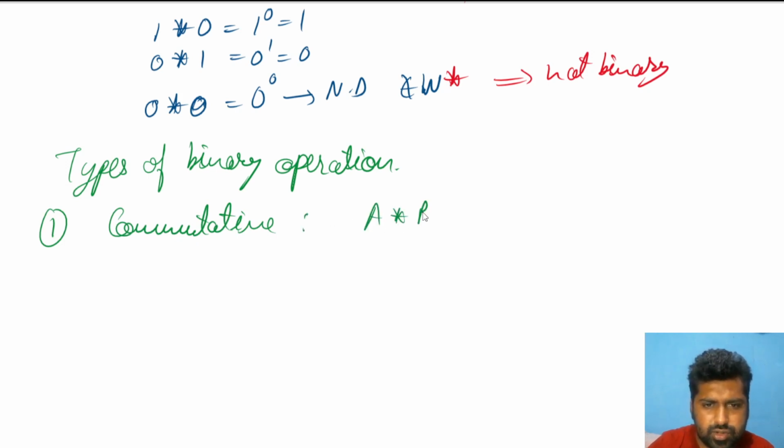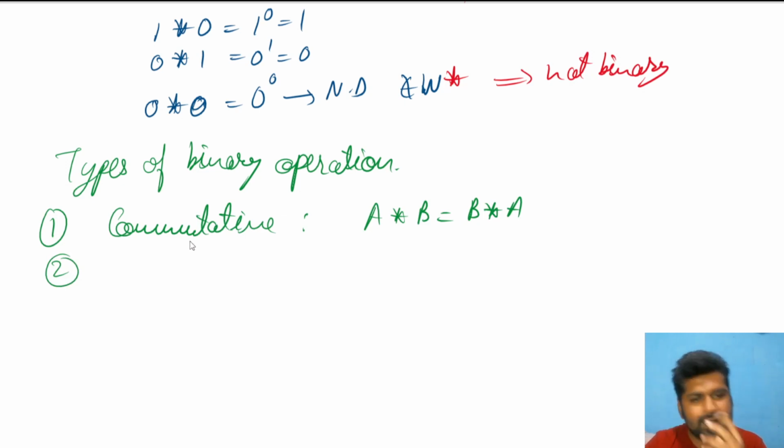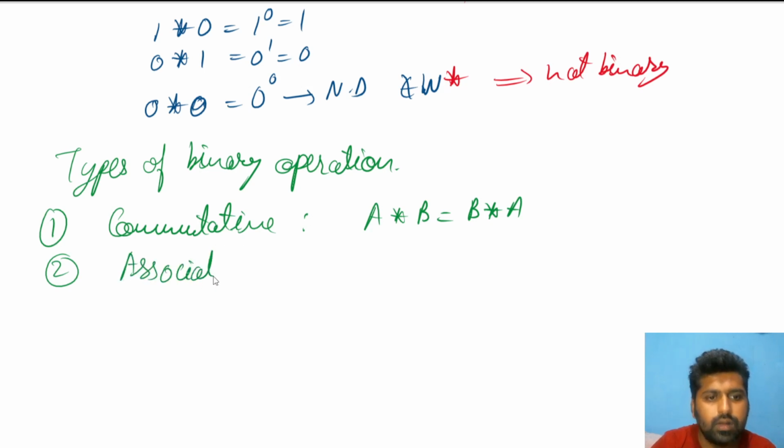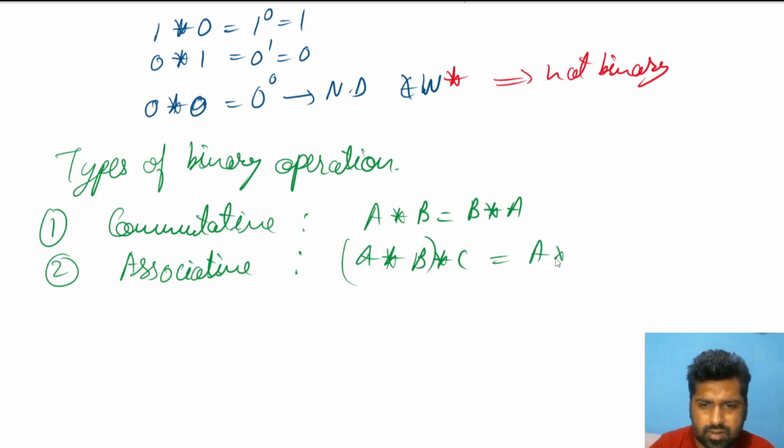A star B should be B star A. It means if you change the order, the result should be the same. That's commutative. It's just that now we are doing it for binary operations, so I put star, so that the operation can be anything. Associative suggests that A star B star C, you do it in any order, suppose you do this first, or this first, they should result the same. That's associative.